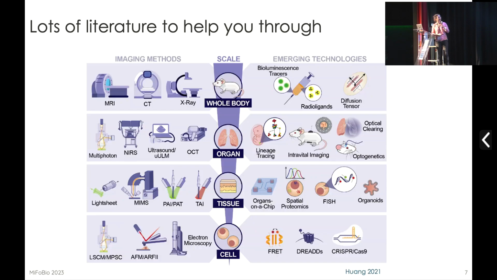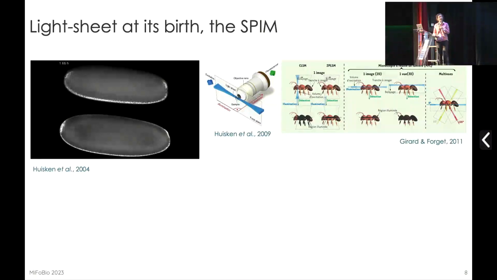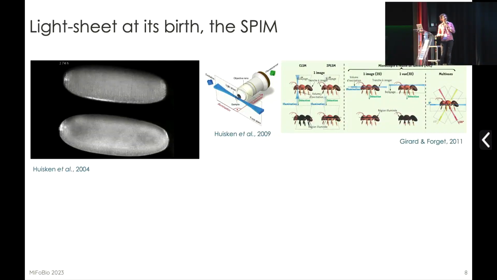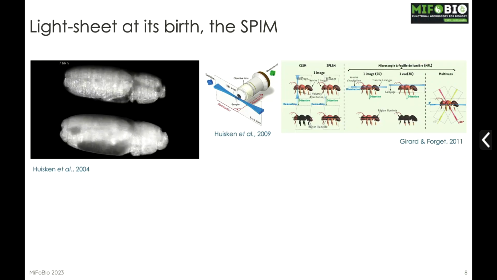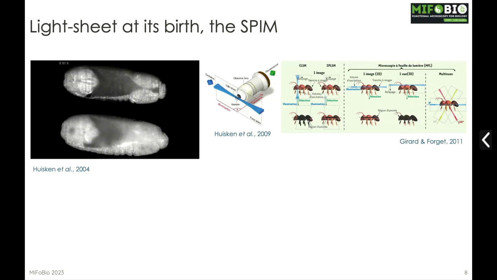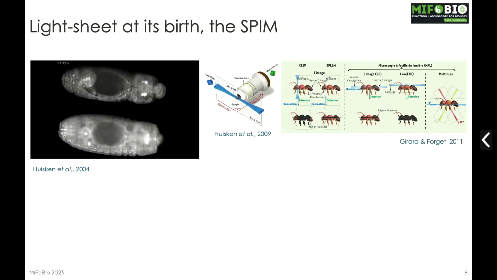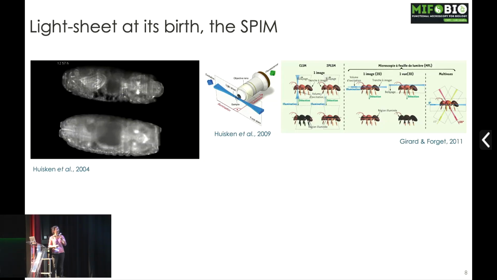I will maybe stress a little bit more on light sheet, not to give you a great insight into it, but just for the historical perspective. So we are lucky to have Jan Wisken here, and if I'm not completely wrong, I think this paper was the pioneering one, where here you see the development of Drosophila pupa.